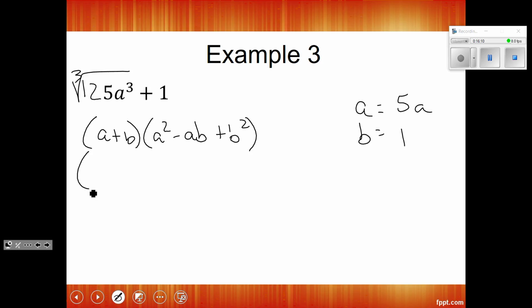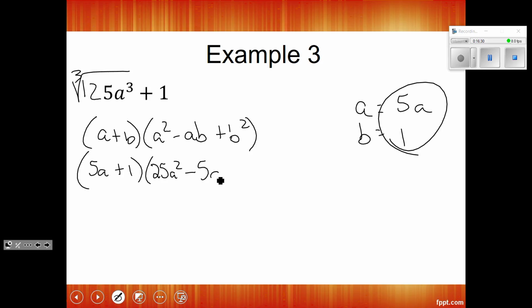So this would be the quantity of 5a plus 1. When I square the a, you've got to square the 5 and square the a. So what would that be? 25a squared minus, multiply these two, 5a, plus 1.